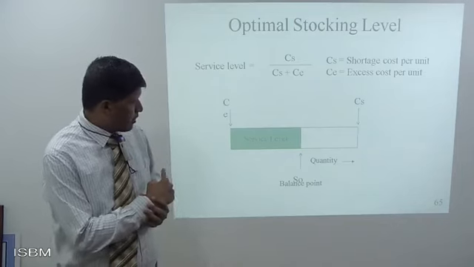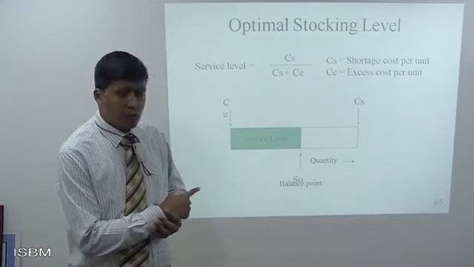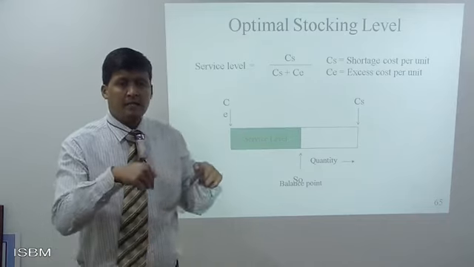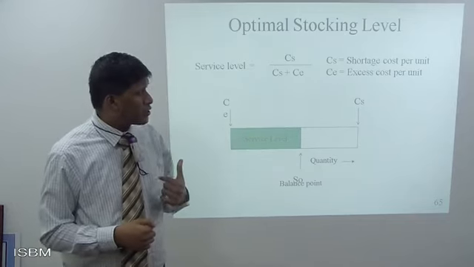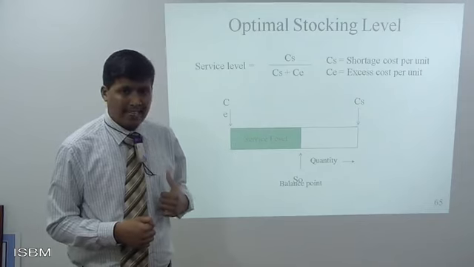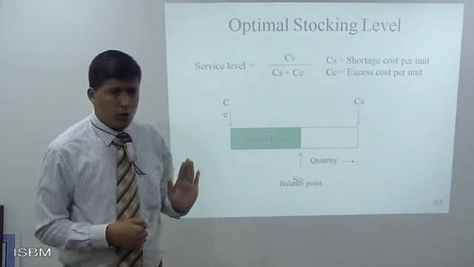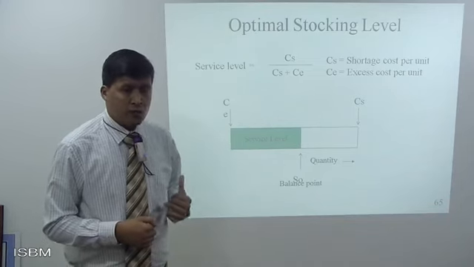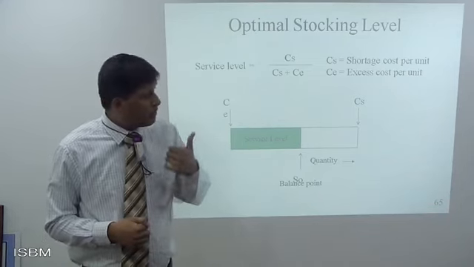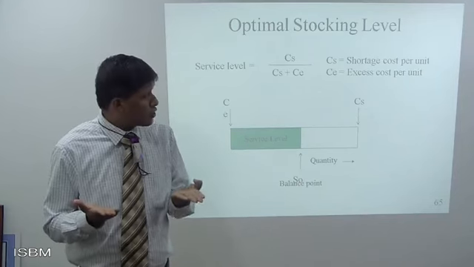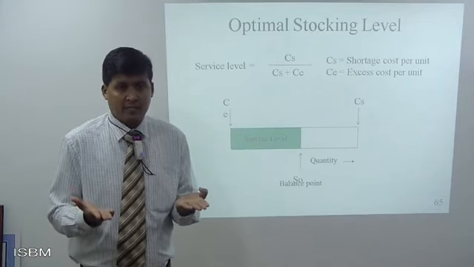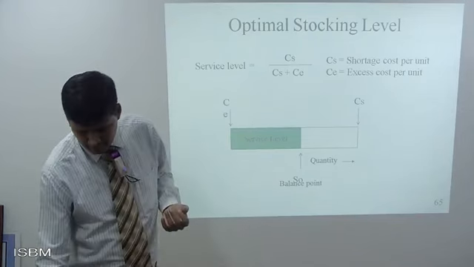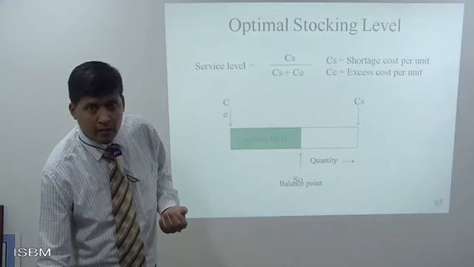If you map this out, on the x-axis we have quantity, and on the y-axis two things have an impact: the shortage cost and the excess cost. You also need to have a service level portion. The SO is the balancing point which balances and optimizes the shortage cost and the excess cost. The entire premise of inventory management is that you balance out the shortage cost and the excess cost.